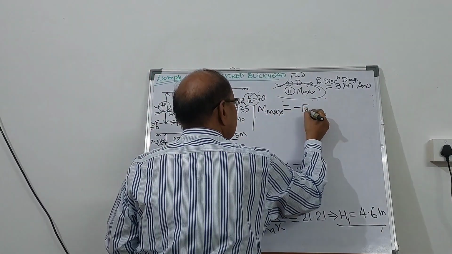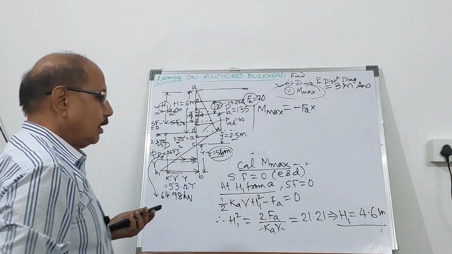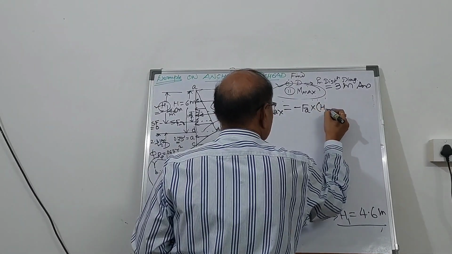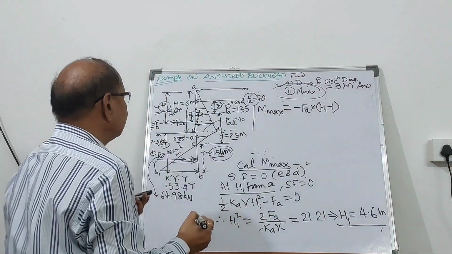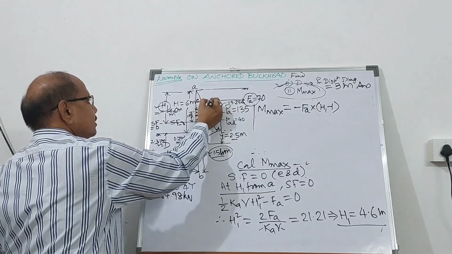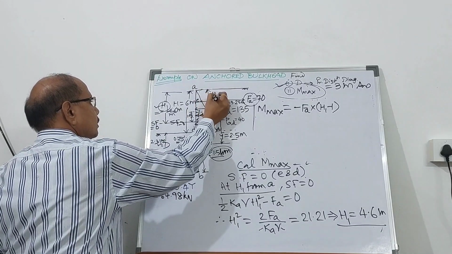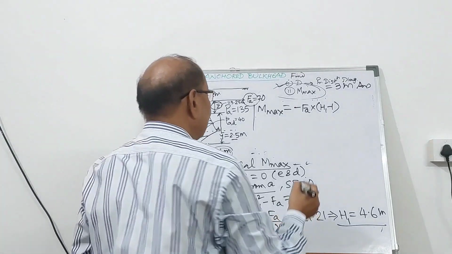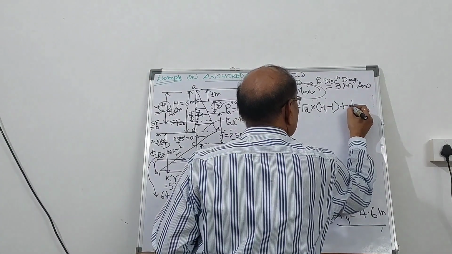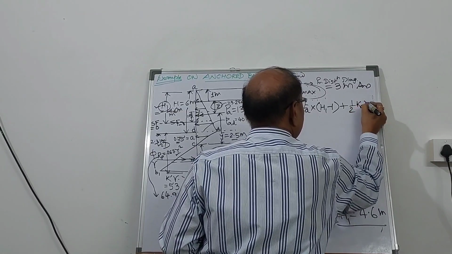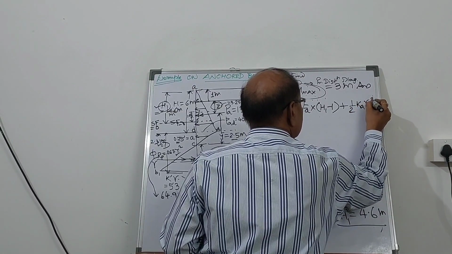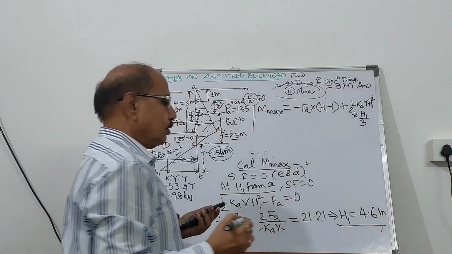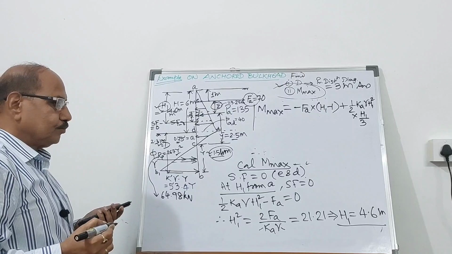So minus FA into H1 minus 1. Anchor rod is provided at 1 meter from the top, so H1 minus 1, plus half K gamma H1 square into H1 by 3. This is the magnitude.